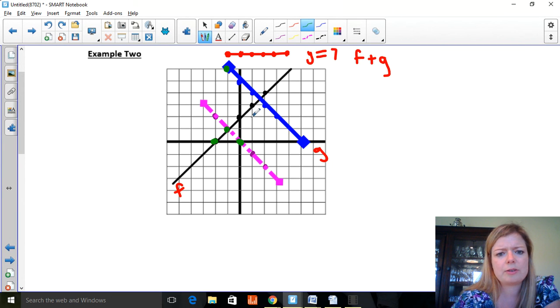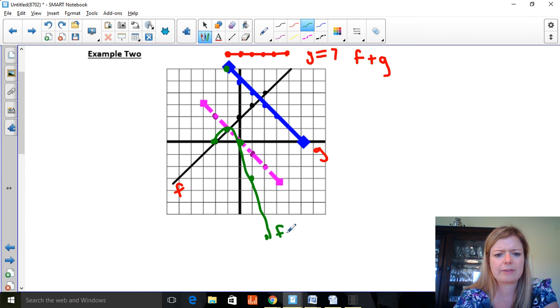Here it's 3 times negative 1, so you'd get negative 3. And here you get 4 times negative 2, so you'd get negative 8. So notice that this is a parabolic shape. Okay, so this is F times, we'll call this H.